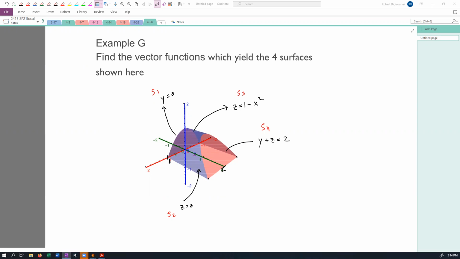I am skipping the previous example, example F. I'll leave that for you for fun. Okay.